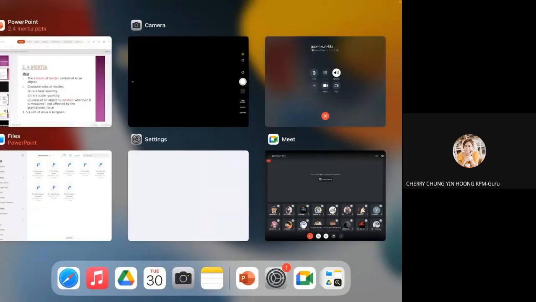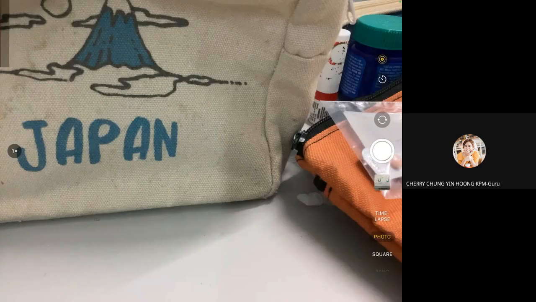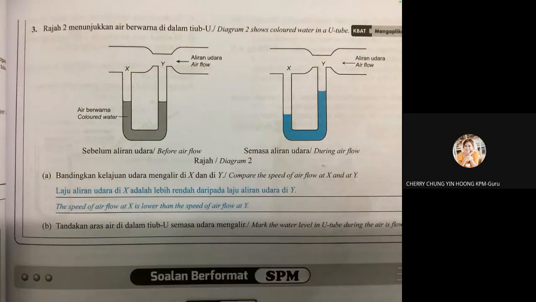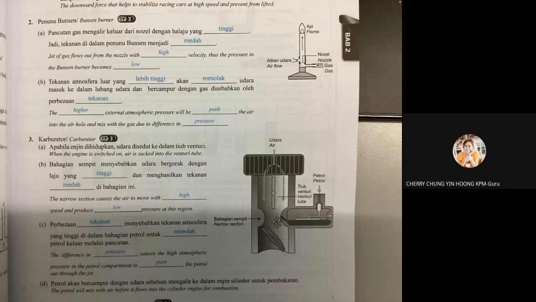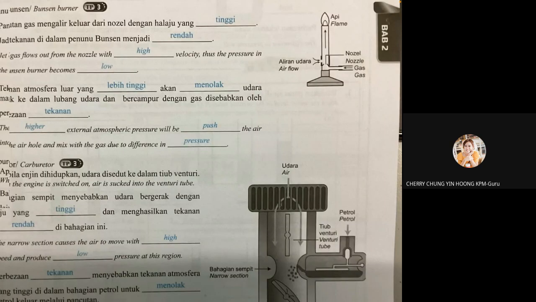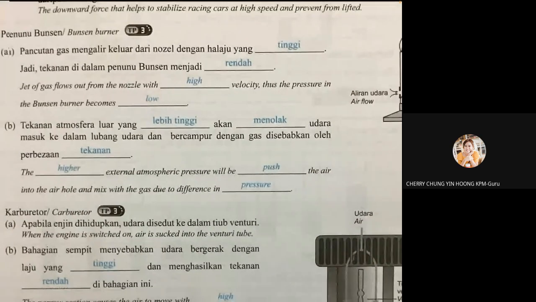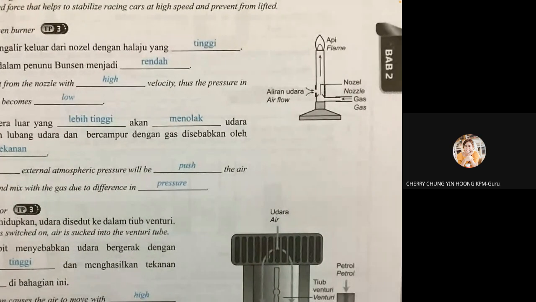OK，class，来，我给你们检查答案啊。OK, so for Bunsen burner, 它 diagram 很仔细的给你看到的，so airflow, so the nozzles, to release the gas out and mix with the air so that it will be combusted.